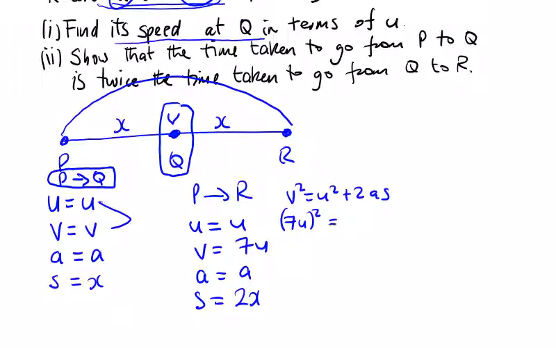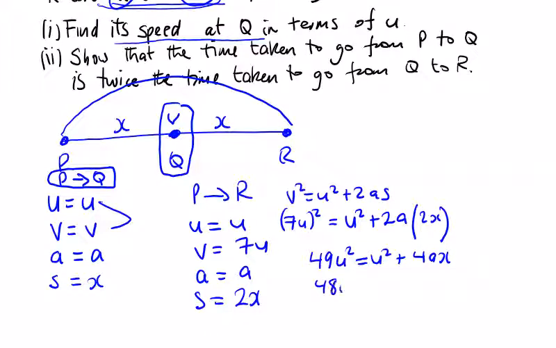7u squared is equal to u squared plus twice the acceleration by the distance, which is 2x. So 49u squared equals u squared plus 4ax. That should help here. 48u squared is equal to 4ax. 12u squared is equal to ax.